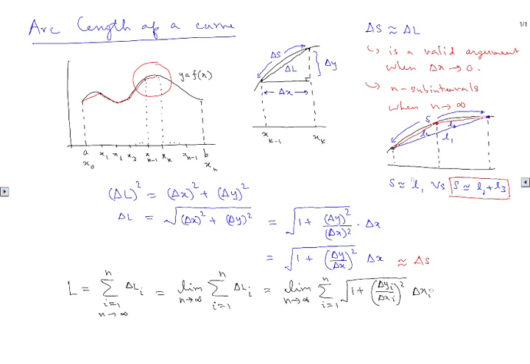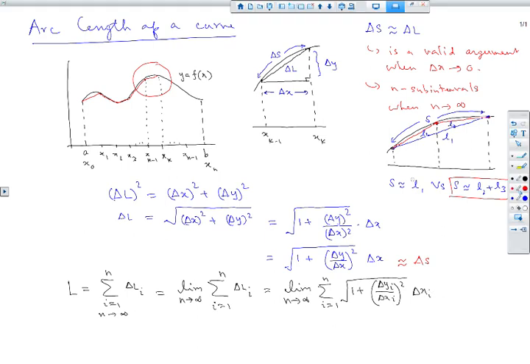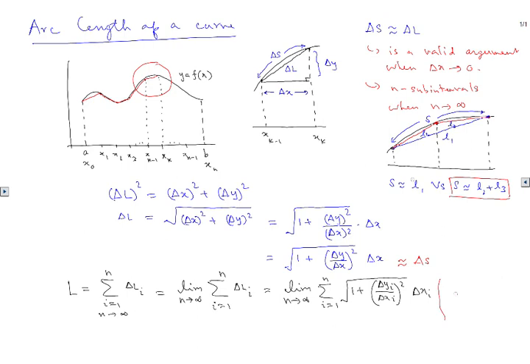This has an integral representation. There is an argument here: when n goes to infinity, delta x i goes to 0, so you're going to get delta y i over delta x i.